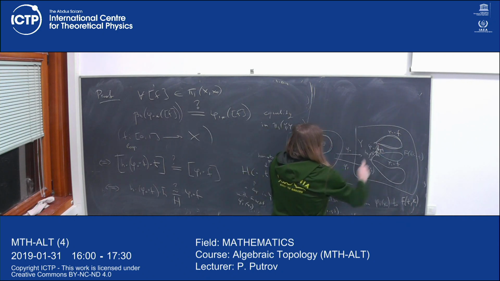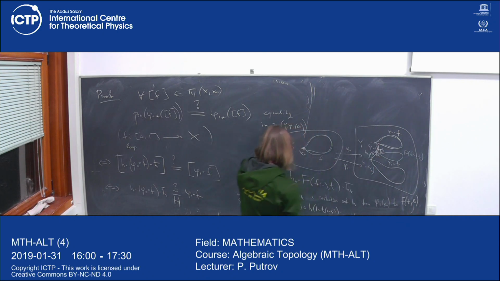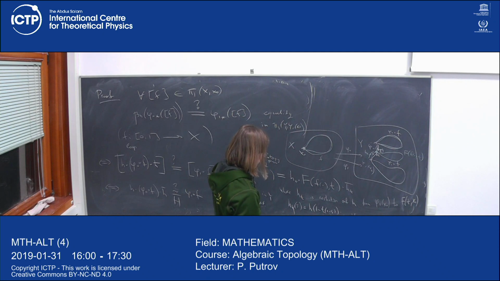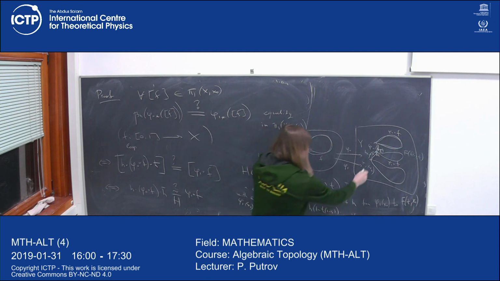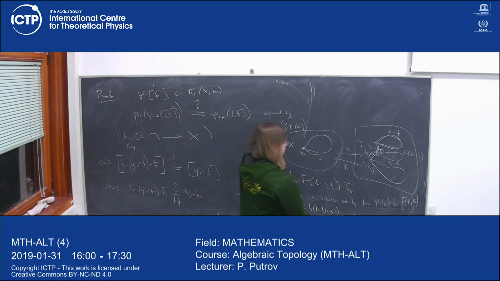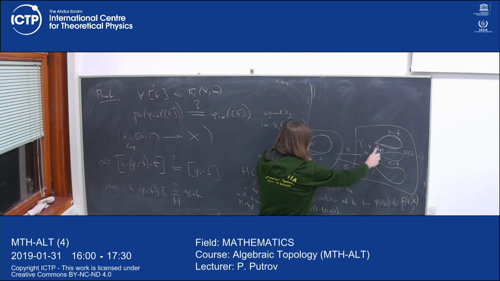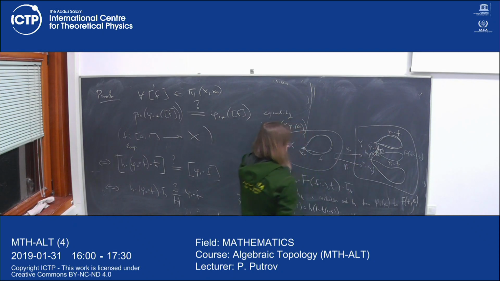This is the full path, and when t is equal to 0, this becomes just a constant path. And so when t varies from 1 to 0, it just slows down.